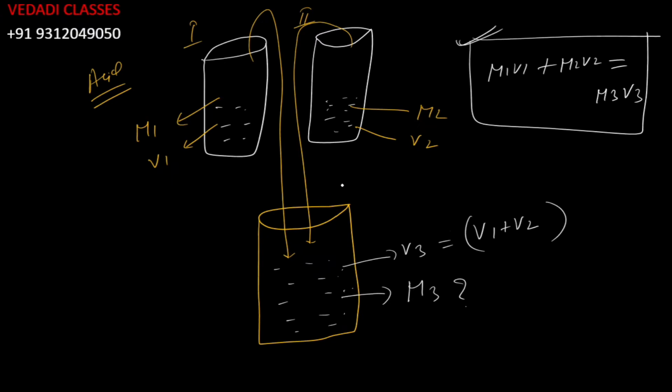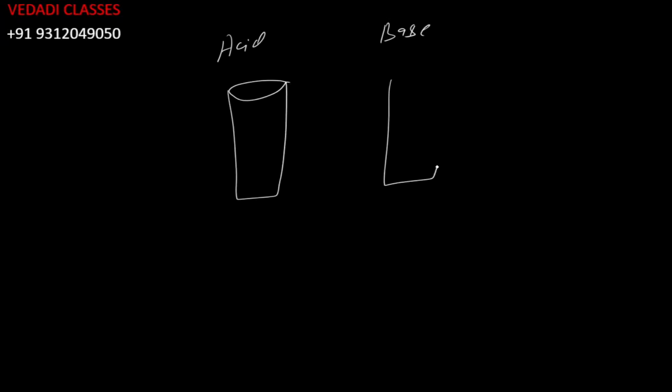If you have to mix two acids or two bases, then it works like this. But if you take one acid and one base, then what? So this is one acid and this is one base.